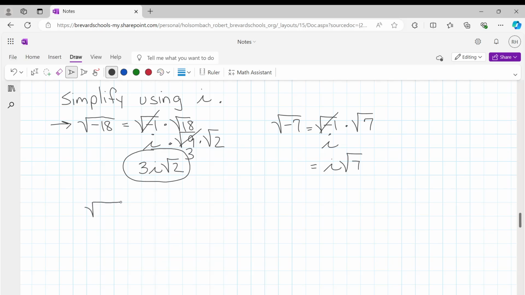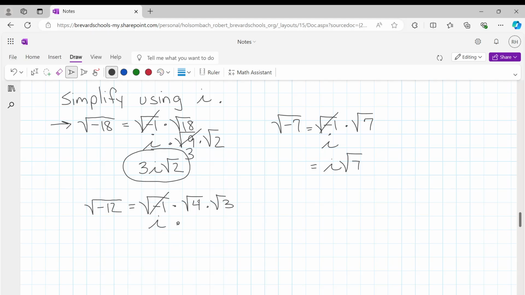Square root of negative 12 is equal to the square root of negative 1 times the square root of 12, which has a perfect square in it. The square root of 12 is the square root of 4 times the square root of 3. So the square root of negative 1 is equal to i.